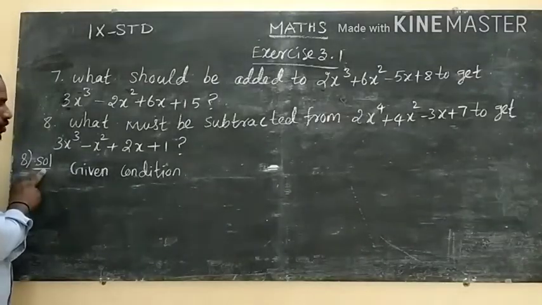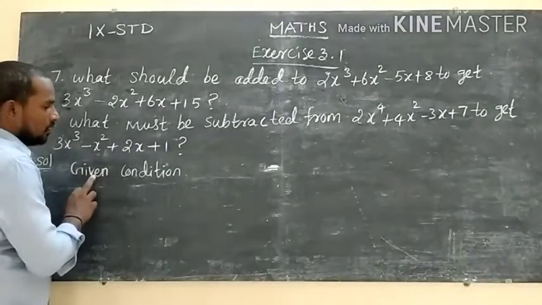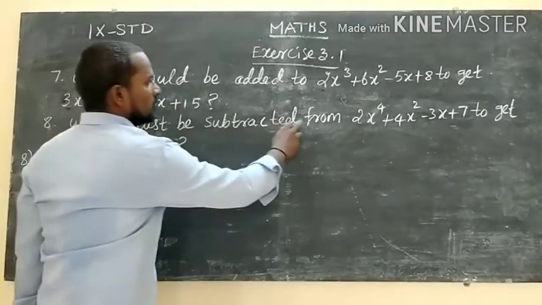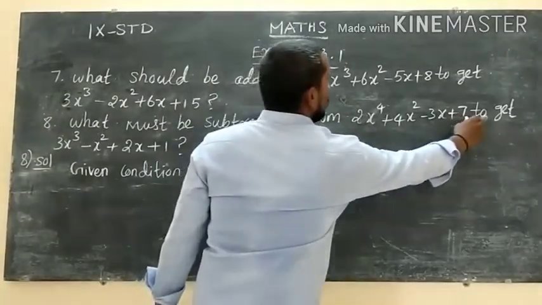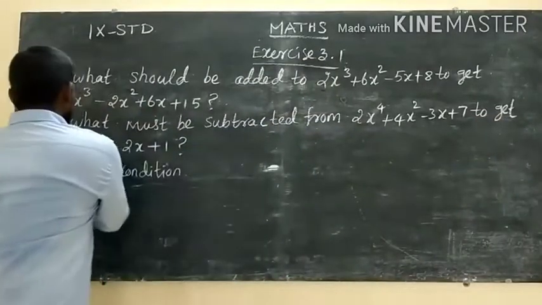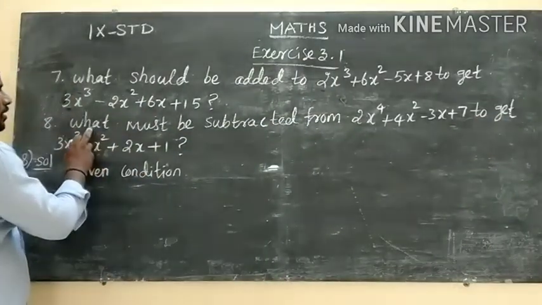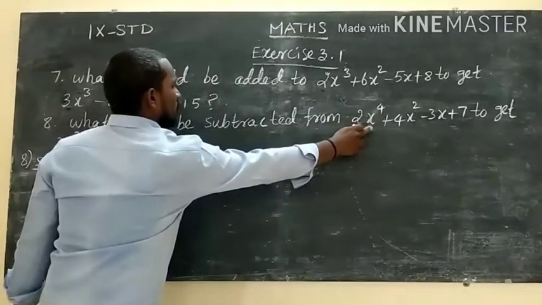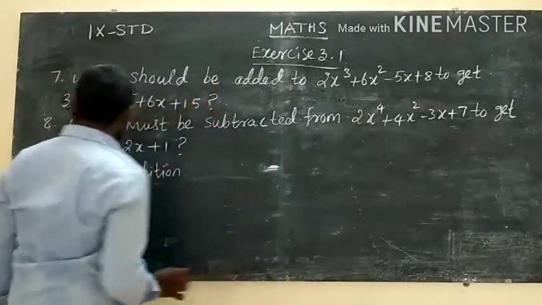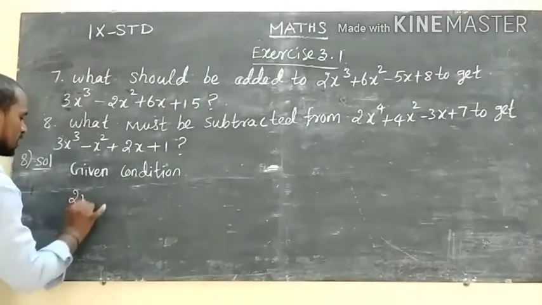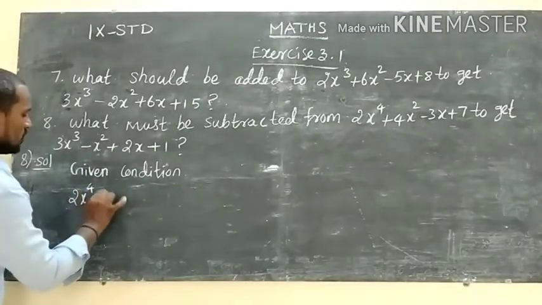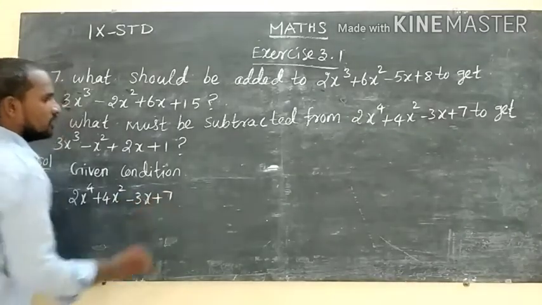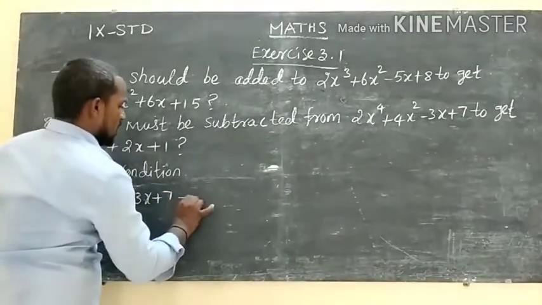Okay, the 8th question solution, in the same manner. The given condition: what must be subtracted from this polynomial to get this resultant polynomial? So this is the 'from' value, so take and write it first: 2x power 4 plus 4x square minus 3x plus 7, from which minus.